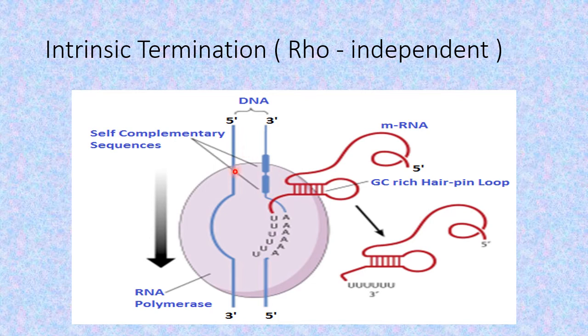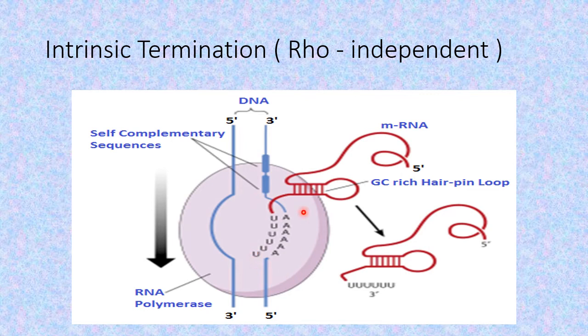What happens is that once the RNA polymerase reaches the termination site, now this termination site is marked by the presence of specific nucleotide sequences in the double helical structure in the DNA molecule itself.